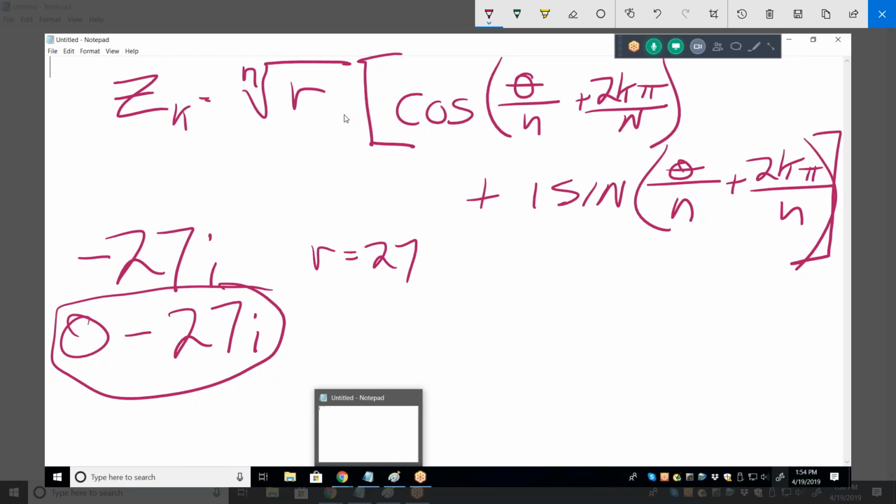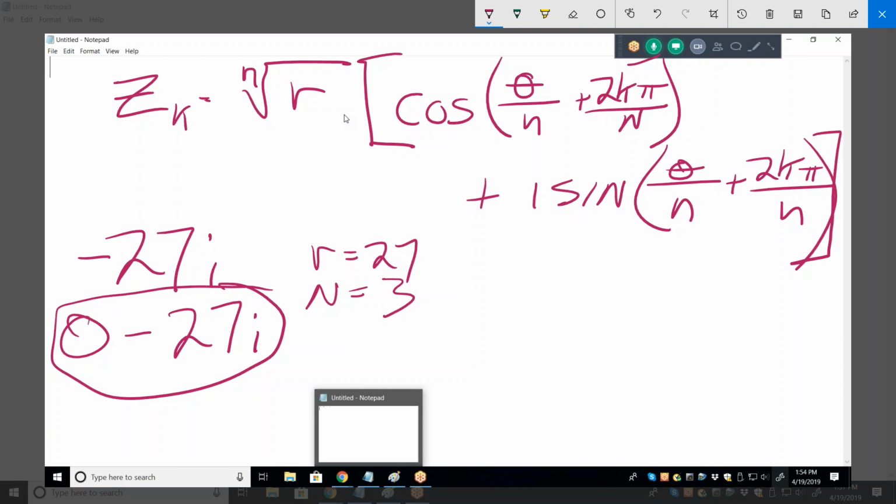So that would be 27. We look at this equation. We figured out R. What's n? N is going to be 3. Okay. The 3rd root. And k is an integer that goes from negative infinity to positive infinity.